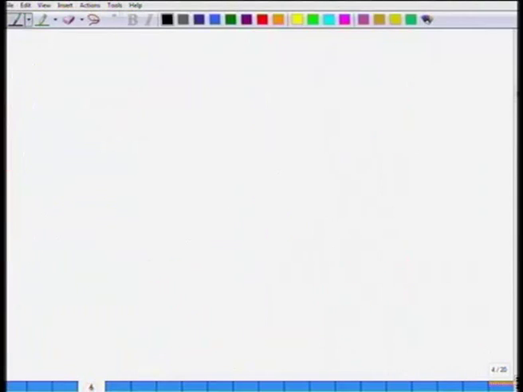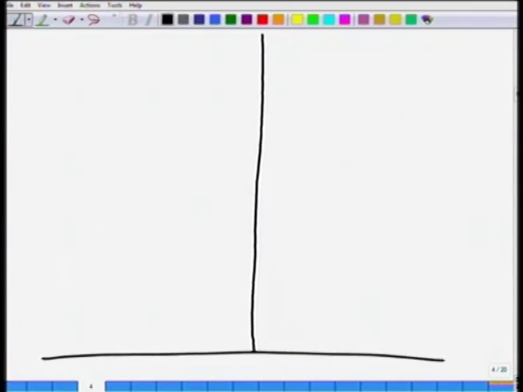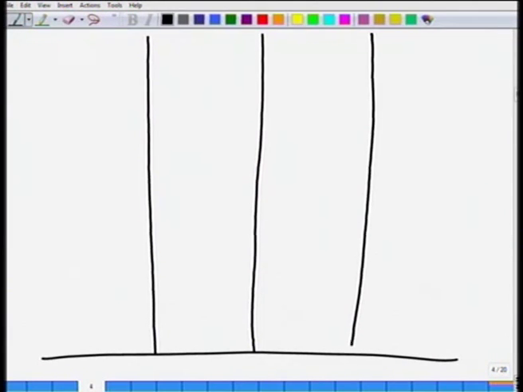So, if I draw that picture, I quickly draw an identical picture like this, and this is the first Brillouin zone which I am drawing right here. So, E versus K diagram, again K by 2 and minus K by 2. I draw the same bands like this.